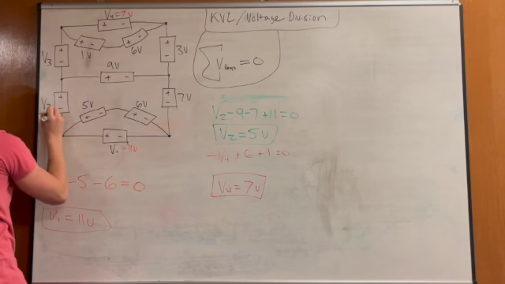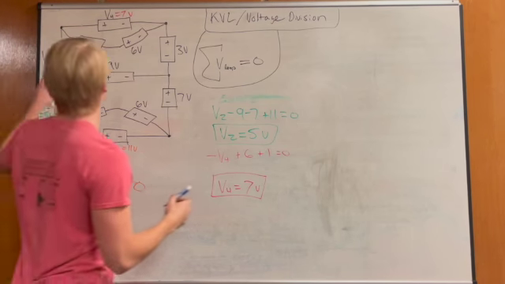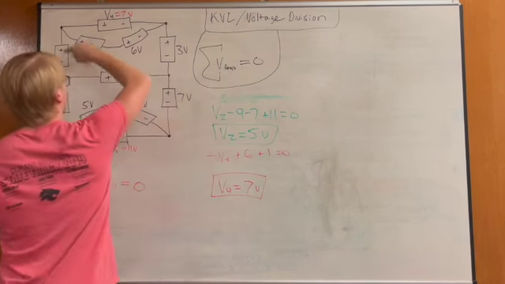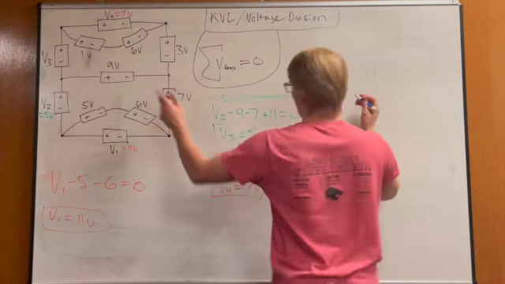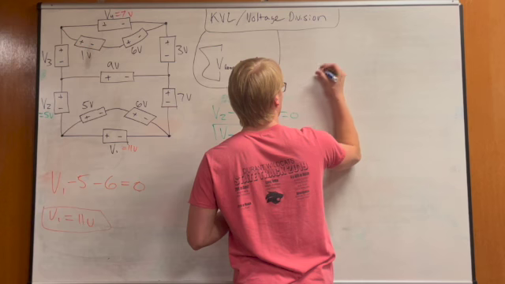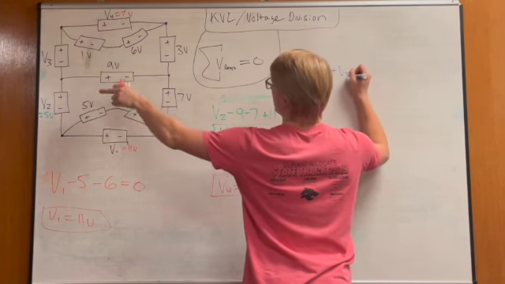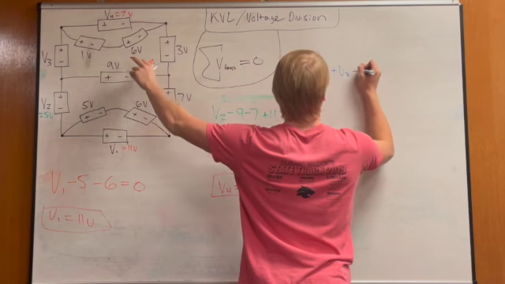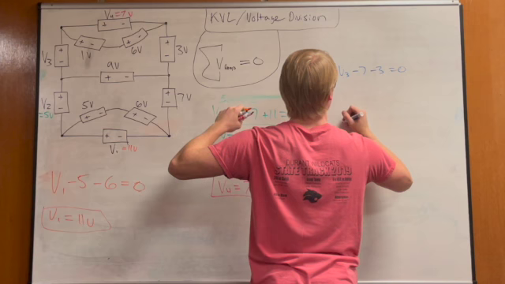V2 equals 5 volts. And then for our V3, we'll do this square right here, and we'll go this direction. So a positive 9, a positive V3, a negative 7, and a negative 3 equals 0.